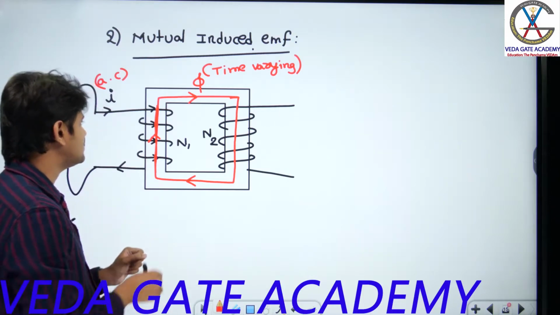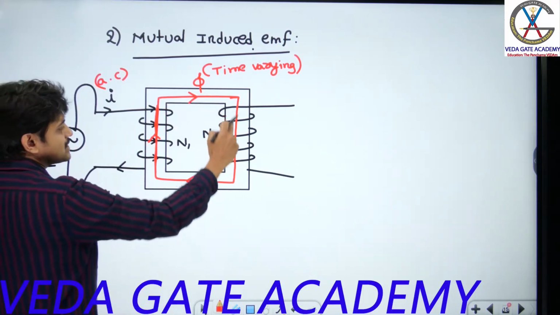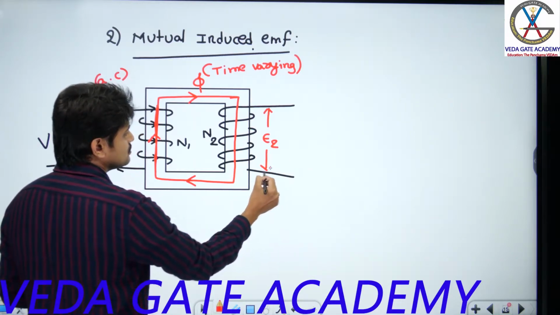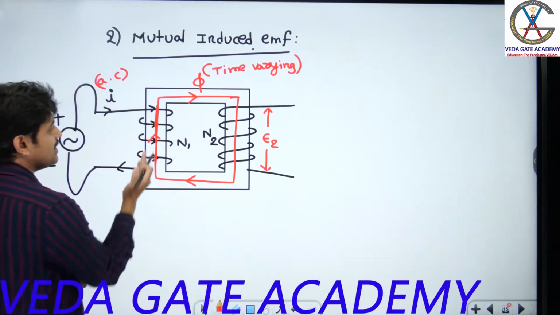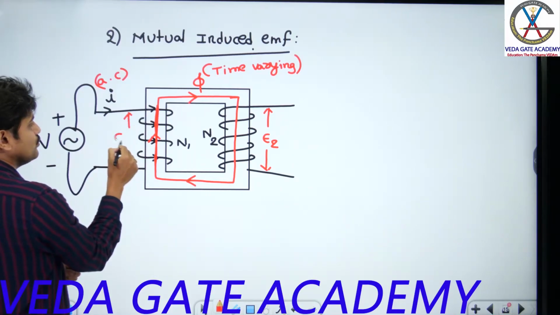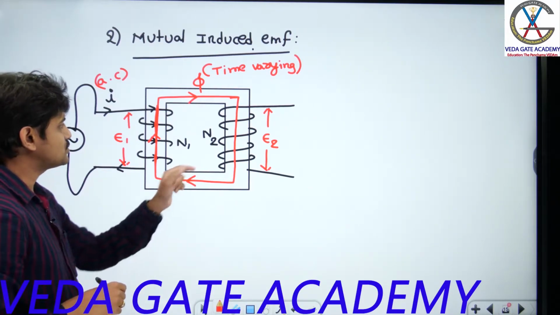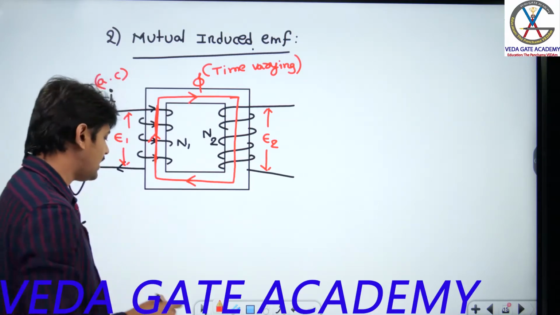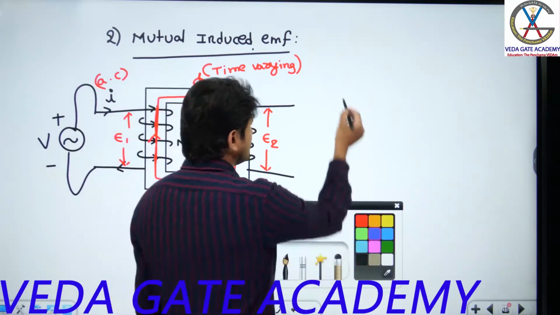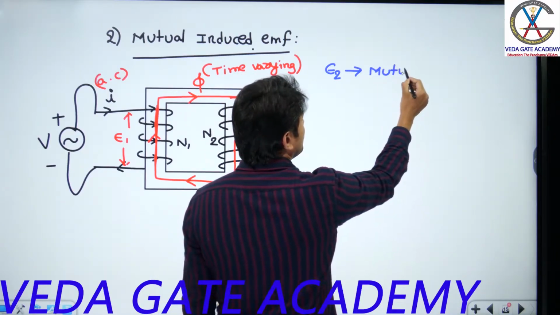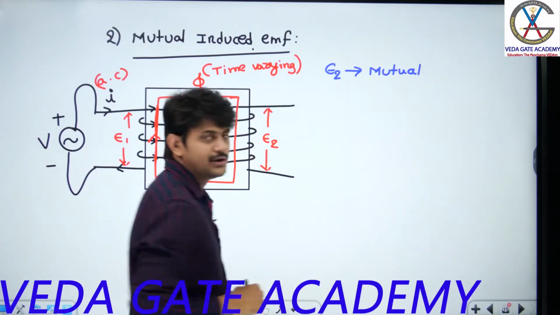As this flux is linking with coil N2, you are going to get some EMF E2, and the same flux is again linking with N1 turns, so you are going to get some EMF E1 across this. Out of these two, E2 is called the mutually induced EMF. Now what is the meaning or definition of mutual induced EMF?